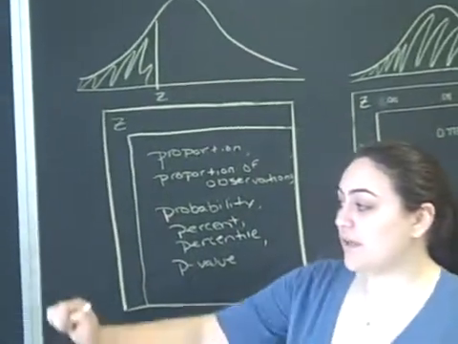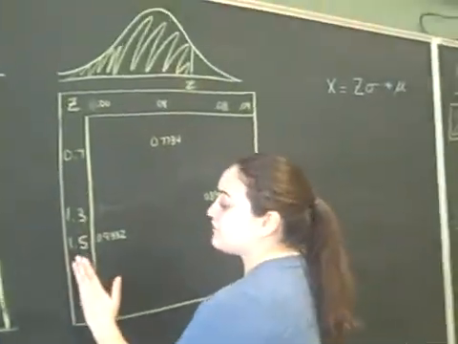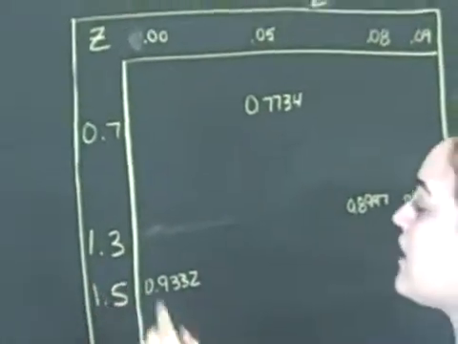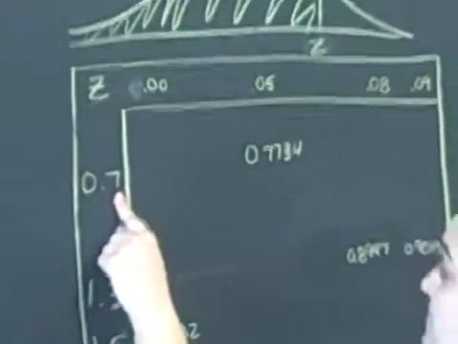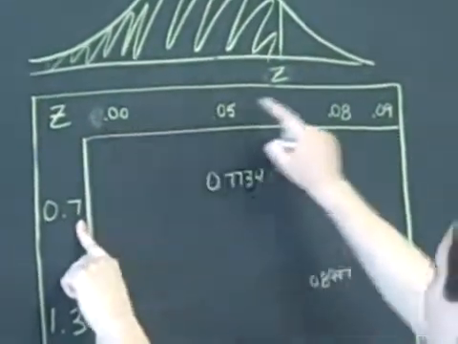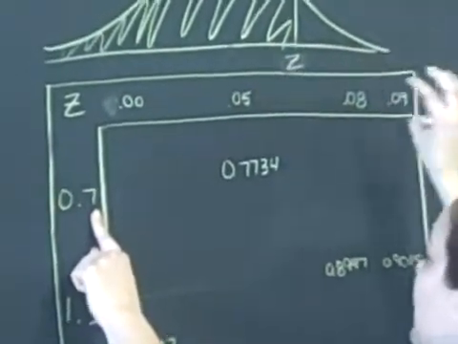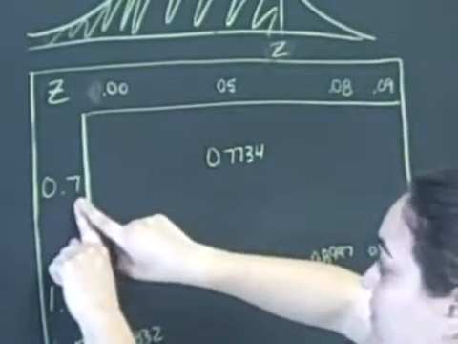So our z-score is 0.75. To find that on the chart, we start at the left. It's positive, so we go to the right side of these two charts and find 0.7, which is here. Along the top is numbers that say 0.0 something. These represent the second digit in the hundredths place here.